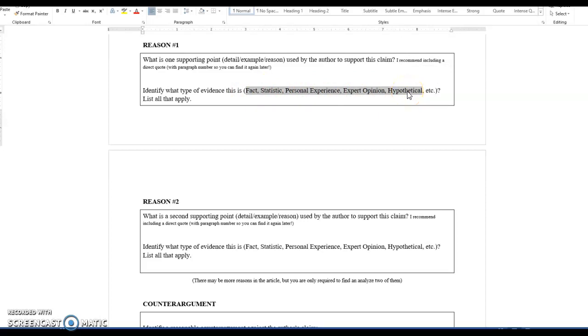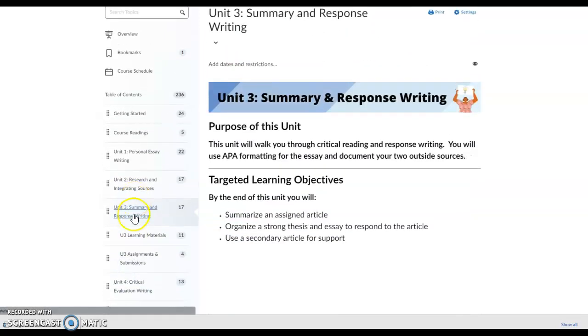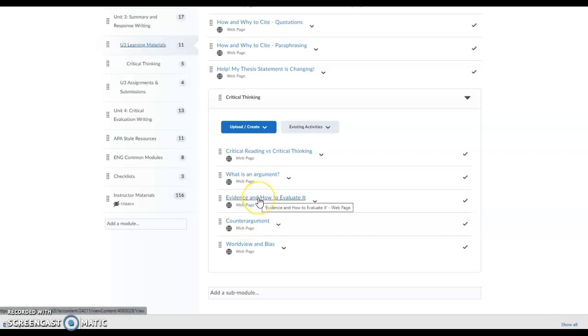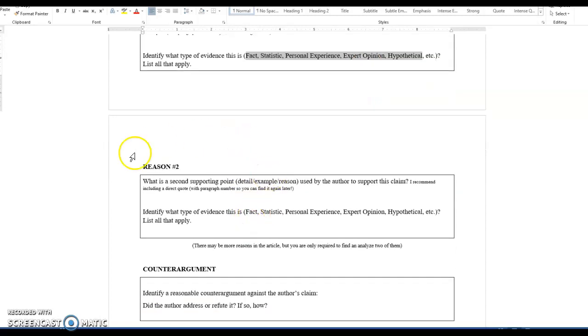And this information is available in your course. If you go to Unit 3 and you go to Learning Materials, there is a page here on evidence and how to evaluate it. So this will be valuable for you to review before you complete this part of the worksheet. You'll also come up with a second supporting point and also identify what type of evidence this is.